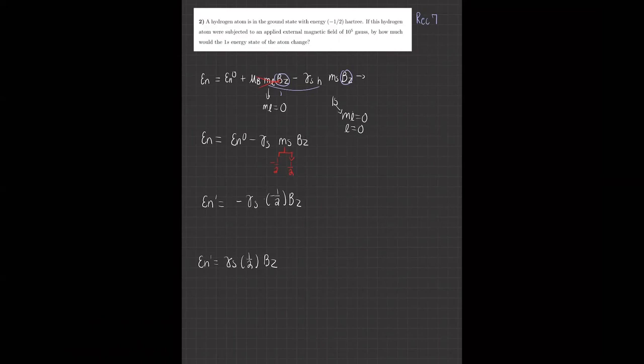From here we would just find what this is equal to, but the spin can be either up or down. Because of that, we have to do two terms and find out what these are equal to. So let me find out what the constant is.